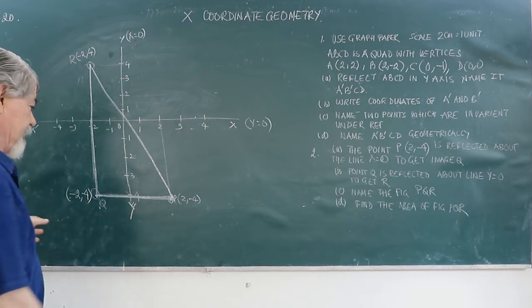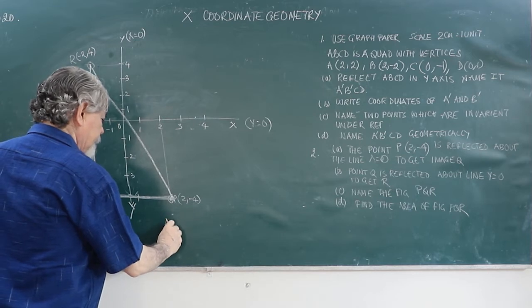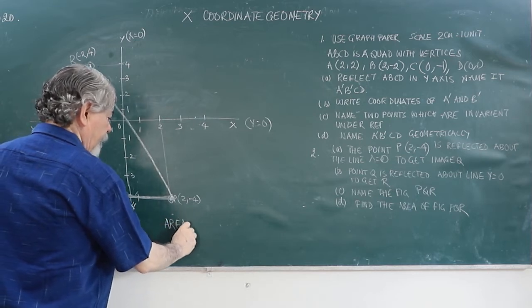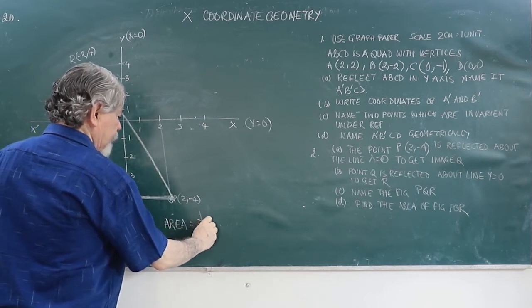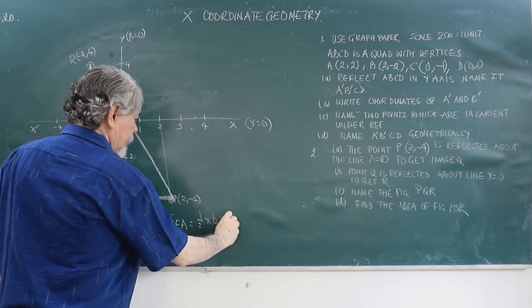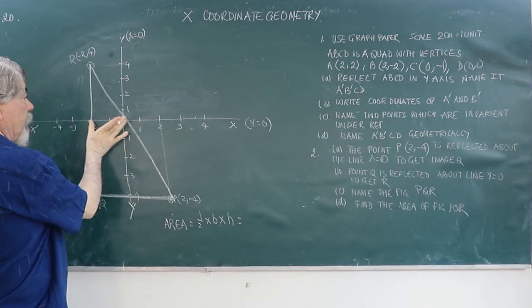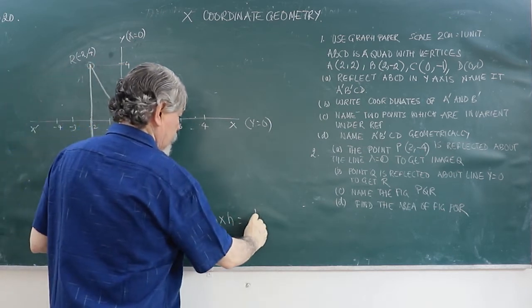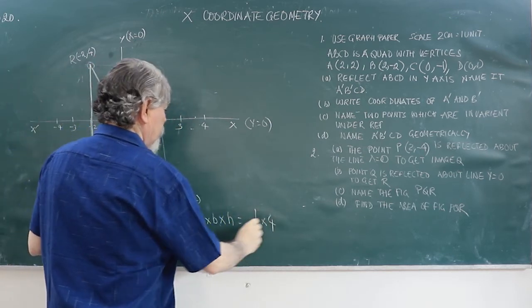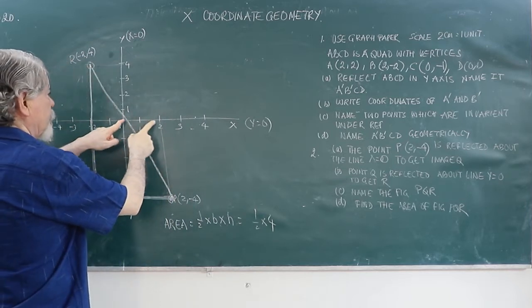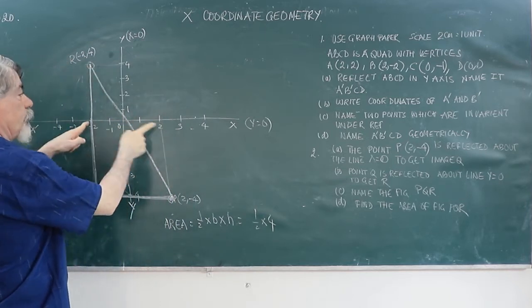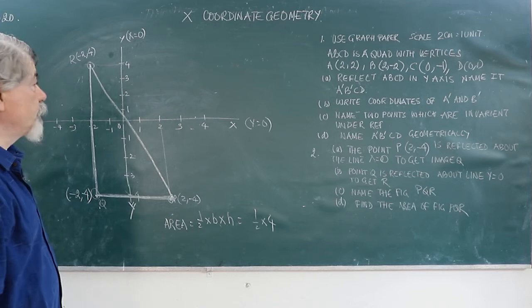Half base into height. Area is half base into height. Here the base is 2 plus 2, 4. Length is always positive. So this side is 2, and this side is minus 2, if you add them, it will become 2 plus 2, 4.